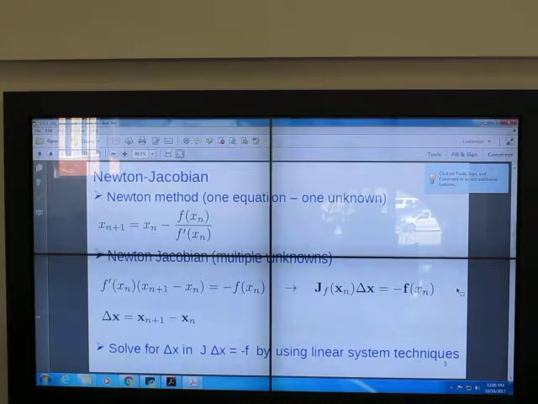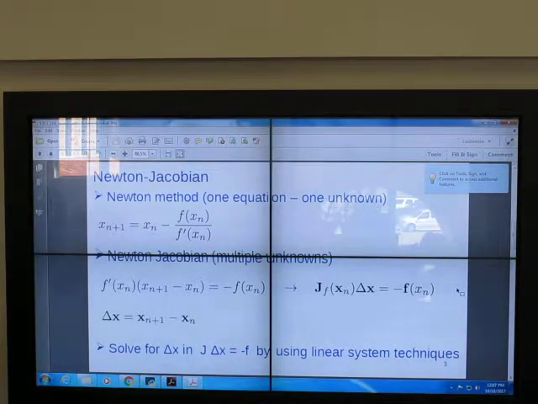So Jacobian matrix is just a coefficient matrix. So this means we have something like ax equal to b. We linearize it by using Jacobian. Now we have system of linear equation. We do kind of matrix inversion or Gaussian elimination or LU decomposition to get delta x, right? Then we get the next x value.